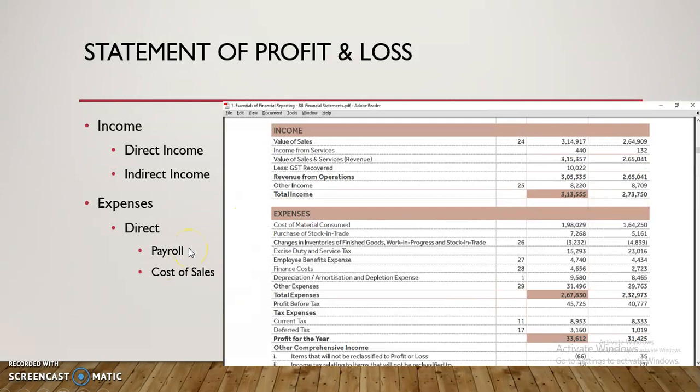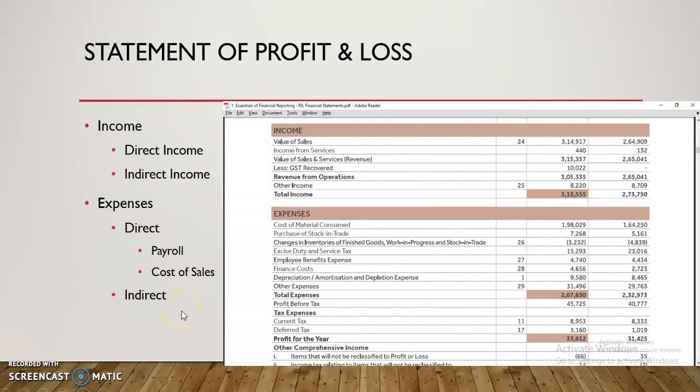Not 100%, but a majority part of it is fixed, and it doesn't depend on how much revenue you are earning, because you hire employees, and even if you are not producing or selling anything, you still have to pay the salaries. Cost of sales is in direct relation to the revenue, the direct income, because this is the cost of doing the sales. So that's why we need to know direct expenses separately.